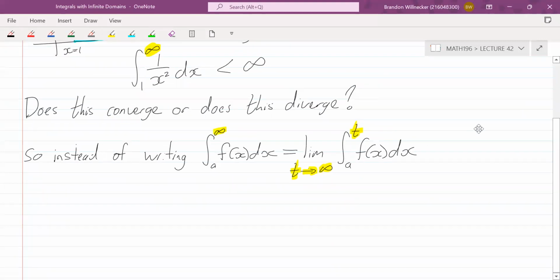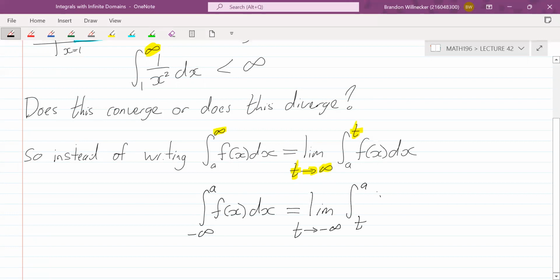Now, of course, we could do it with the bounds being from minus infinity to something, and we do it in the same sort of way. We have, let's say, the integral from minus infinity to a, f of x dx. Again, we can't just substitute minus infinity. That doesn't really mean anything. So what we actually mean is we're taking the limit as t goes to minus infinity of the integral from t to a, f of x dx.